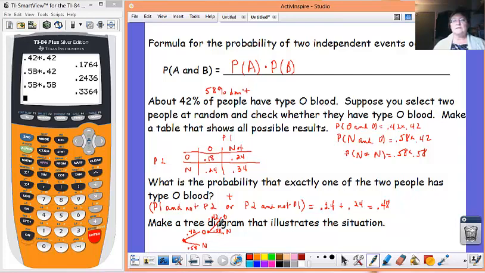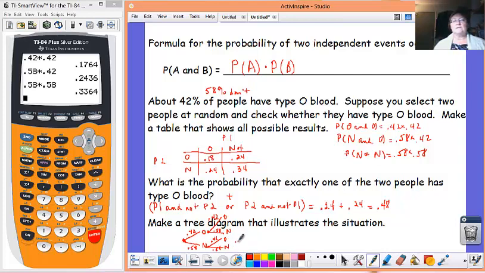Have we added up to 1 there? We've taken care of both possibilities, right? That's good. If, on the other hand, our first person did not have type O blood, the second person still could with that 0.42 chance, or they could not with the 0.58 chance.